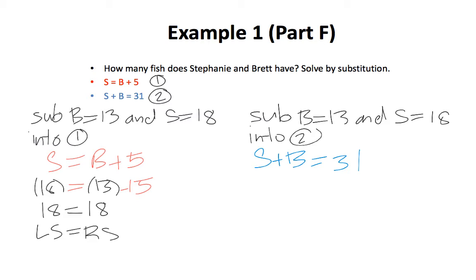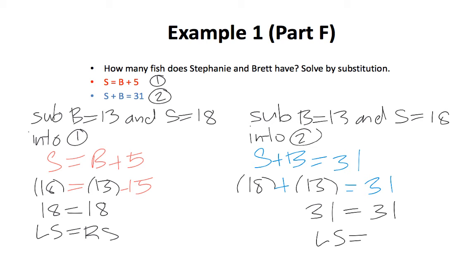Instead of writing S, I'm going to write 18 in brackets. And instead of writing B, I'm going to write 13 in brackets. Therefore, the left side is equal to 18 plus 13, which is 31. And the right side is equal to 31. So as you can see, the left side is equal to the right side.